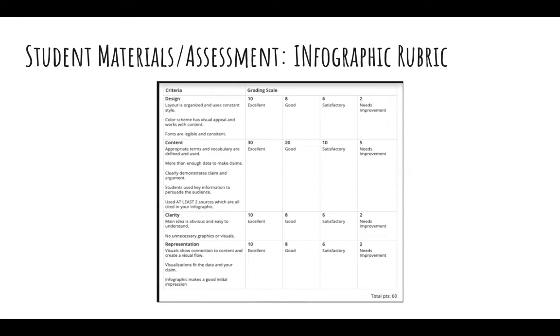The last student material is then the rubric, and again, here you have the rubric, and they can see what they need to accomplish in their infographic. They can see what they missed if they got any points docked off. One of the big things is if a student didn't do very well on the infographic, one thing that you could do as a teacher is say, okay, you have time to maybe make some corrections, but I want to see your graphic organizer.